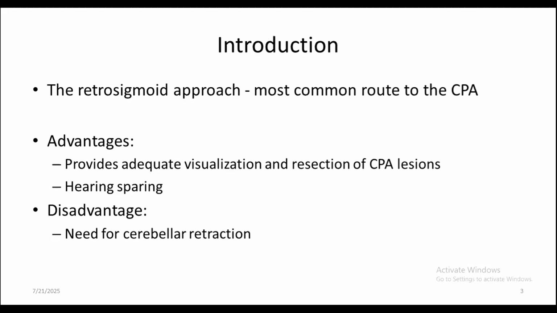It provides an adequate visualization and a better panoramic view of the CP angle, as well as the lesions. And then it is one of the hearing sparing approaches to the CP angle compared to the lateral approaches, which are non-hearing sparing approaches. However, the disadvantage of this approach is the need for cerebellar retraction.